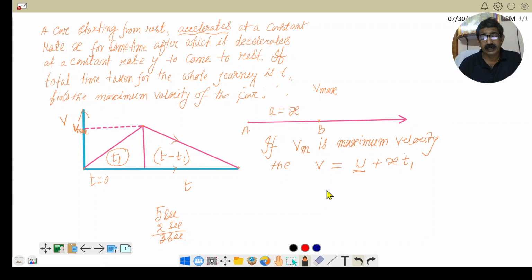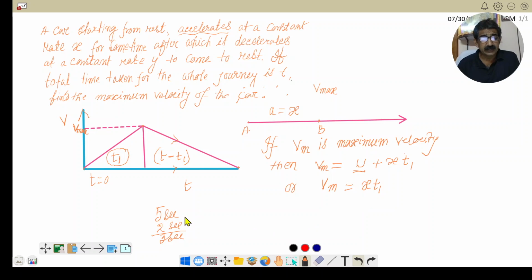So we can say Vm is equal to U plus x t1, that is, Vm is equal to x t1.